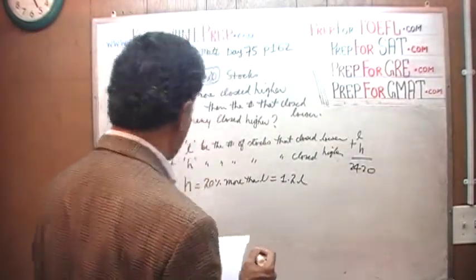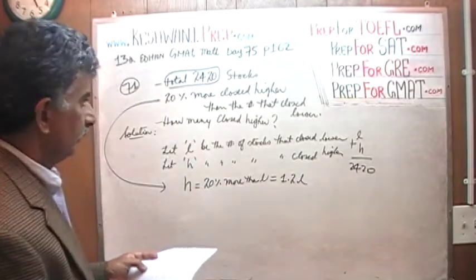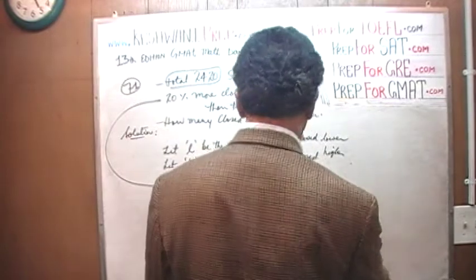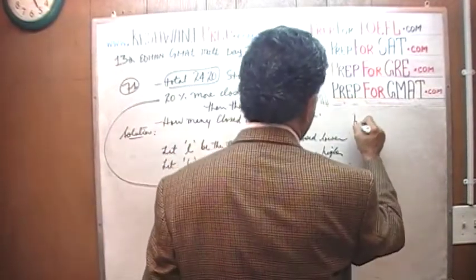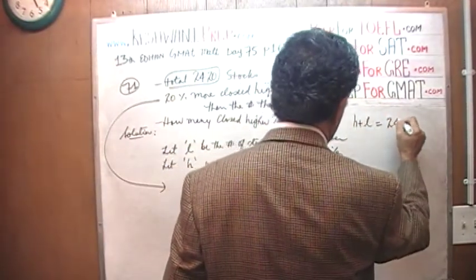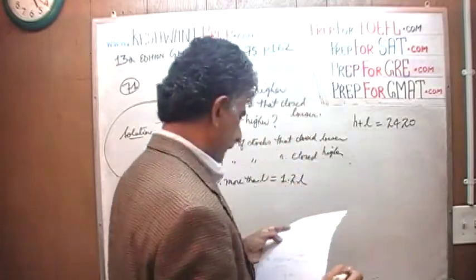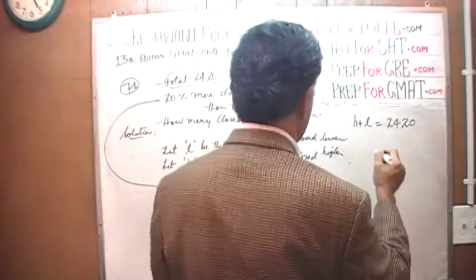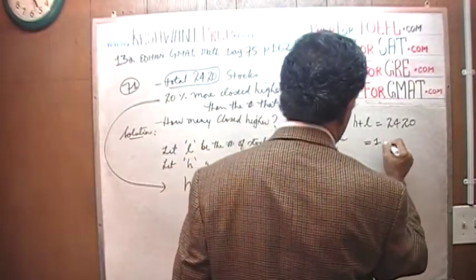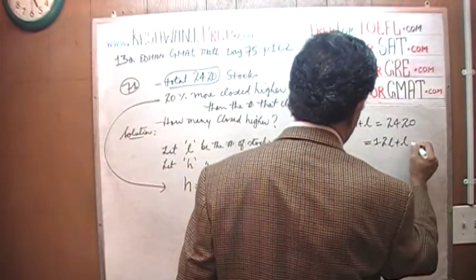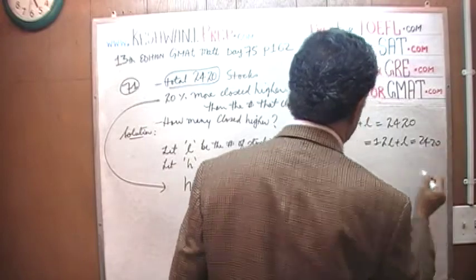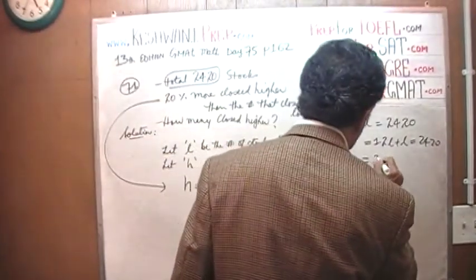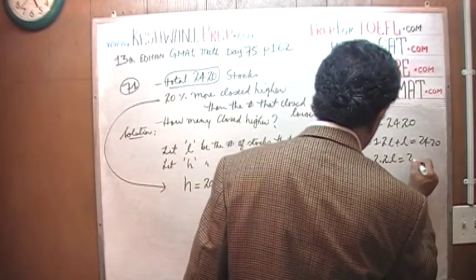So we combine the two together. That's all it is. Let's do it right here on the side. We know that H plus L equals 2420, and H equals 1.2L. That means 1.2L plus L equals 2420, which is the same as saying 2.2L equals 2420.